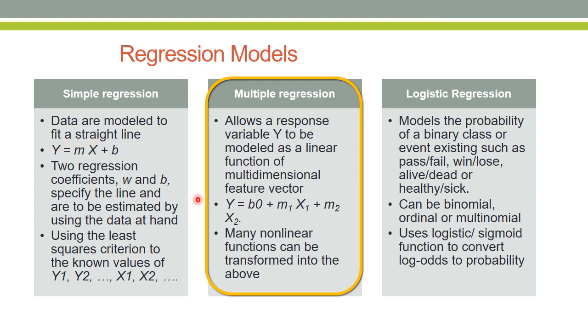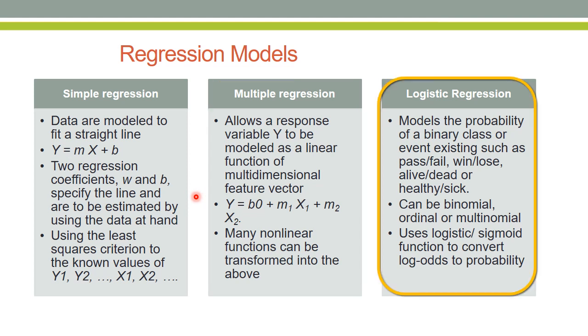With multiple regression, we have multiple input variables, x1, x2, and multiple coefficients, m1 and m2, and so on. Now, logistic and nonlinear regression models use a curved line, which is what we will see later. All in all, though, regression allows you to estimate how a dependent variable changes as the independent variable or variables change.